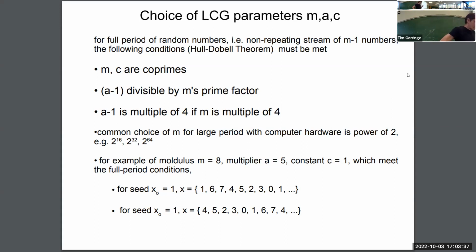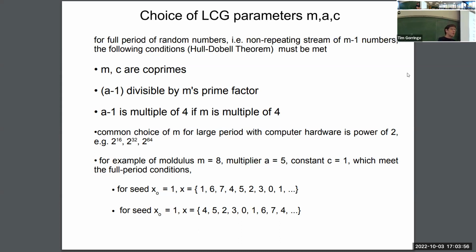So the second rule is that the multiplier a - 1 must be divisible by any prime factors of n.